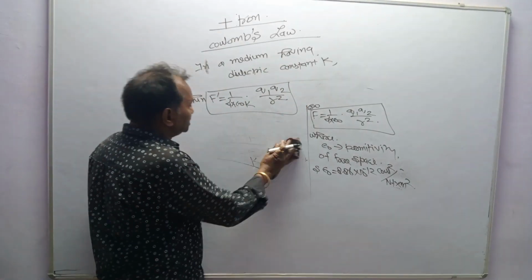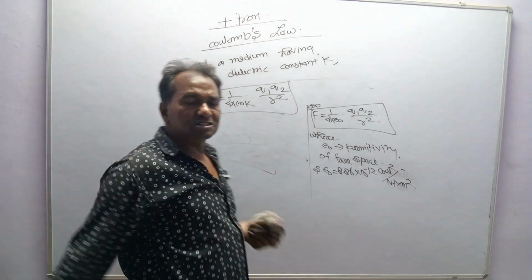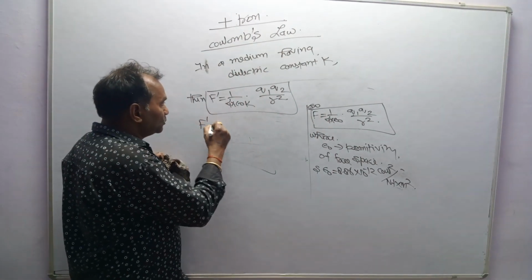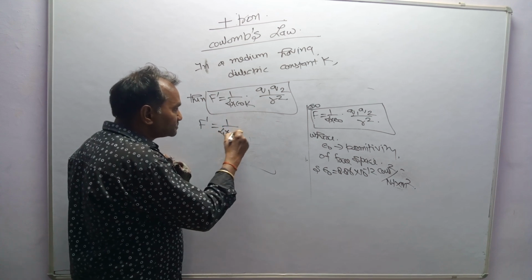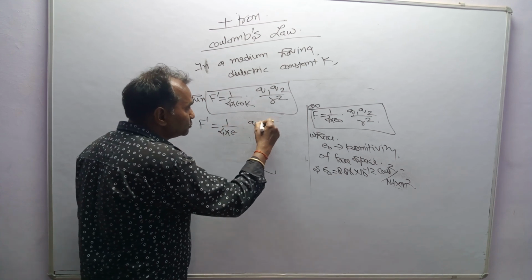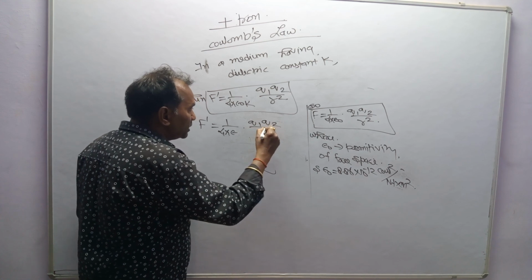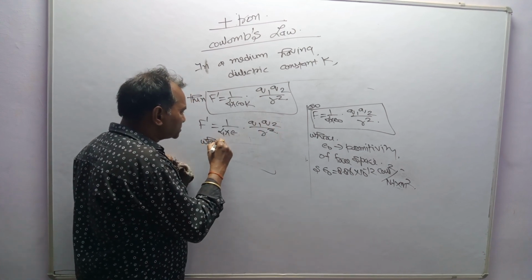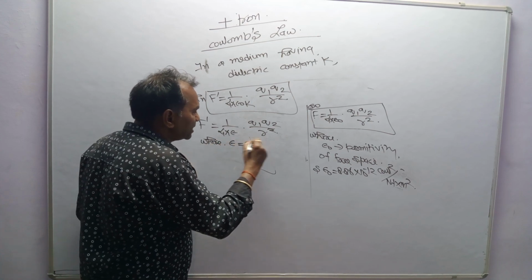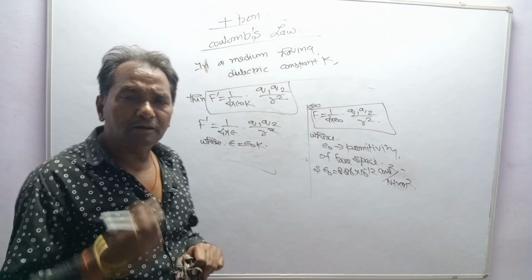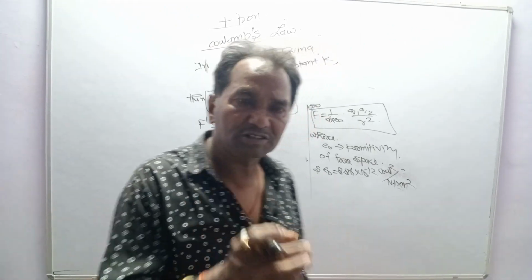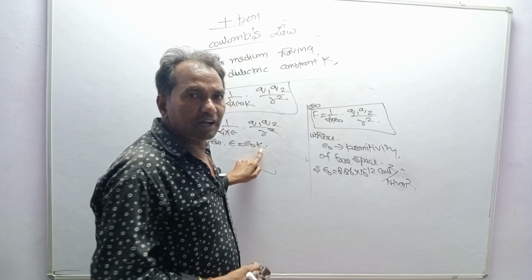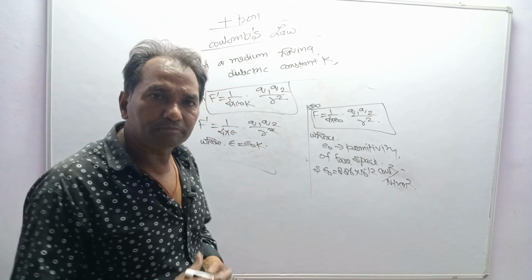Actually, in the presence of a medium, this formula becomes F dash is equal to 1 upon 4 pi epsilon into Q1 Q2 over R square, where epsilon is equal to epsilon naught into K. Epsilon means the permittivity of the medium, that is the product of the permittivity of free space multiplied by the dielectric constant of that medium.